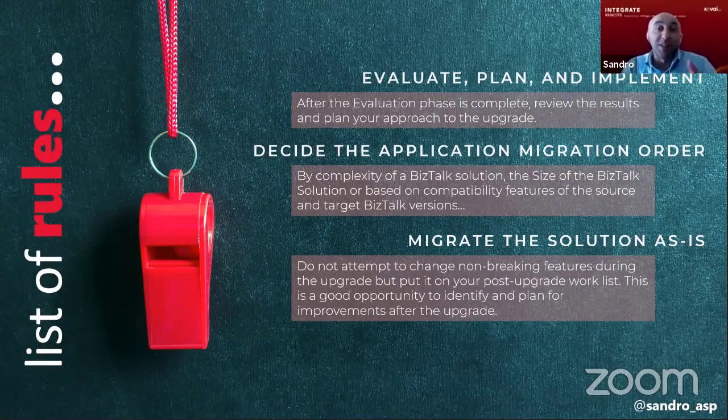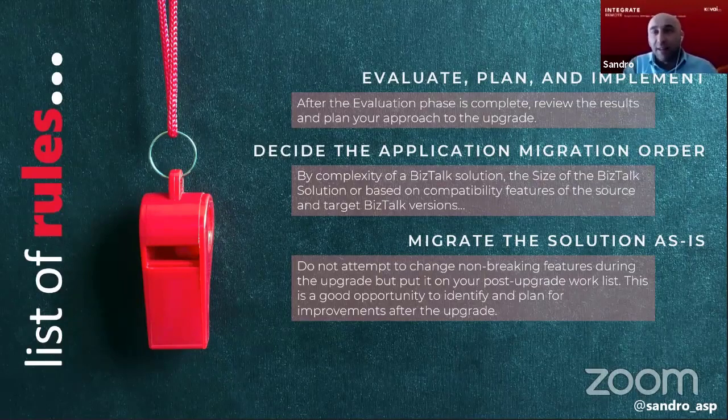Let's say, what is a breaking feature? If you are migrating from an old version of BizTalk that has some mapping issues about compatibility, you need to fix that, okay? Because this is a breaking feature. If you are migrating a solution that uses the old SQL adapter, yeah, you need to fix that SQL adapter, but only what is really necessary.